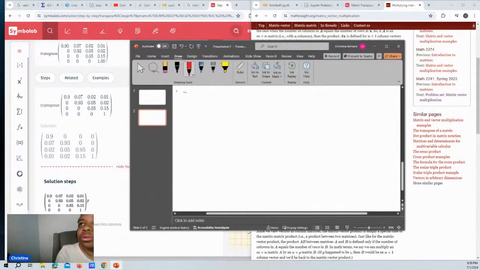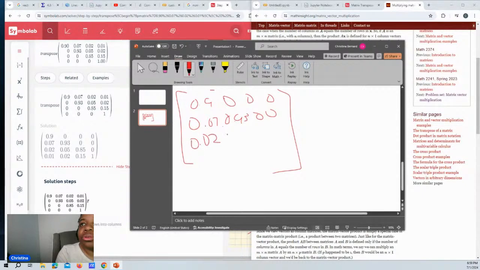Okay. So this is one matrix, right? 0.9, 0, 0, 0, 0.07 and 0.93, 0, 0, and then it's 0.02, 0.05, 0.85, 0, 1, 0.01, 0.02, and 0.15.